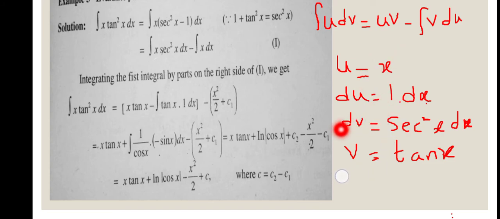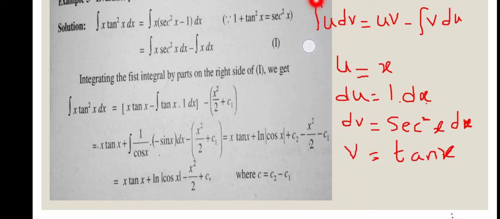And by applying integration on both sides of this equation, we have v is equal to tangent x, because the integration of secant square x is tangent x. Now we have decided u and v, and we have all the values u, du, v and dv.